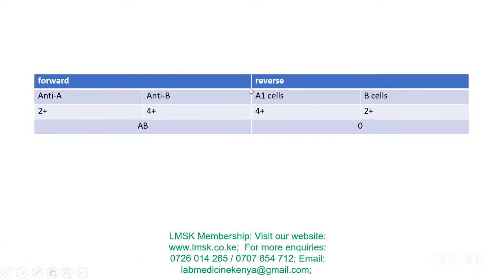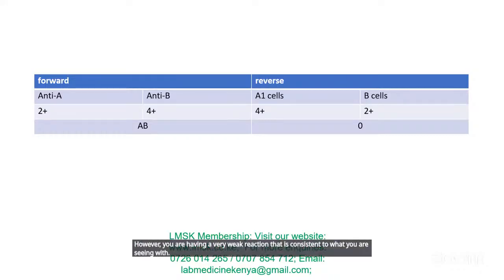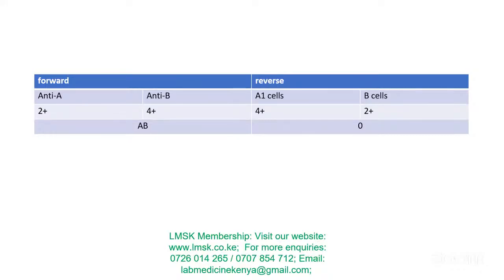So like the last case where you are having the patient as B on forward, and then on reverse, you are having the patient as O. However, you are having a very weak reaction that is consistent with what you are seeing with the A cells.